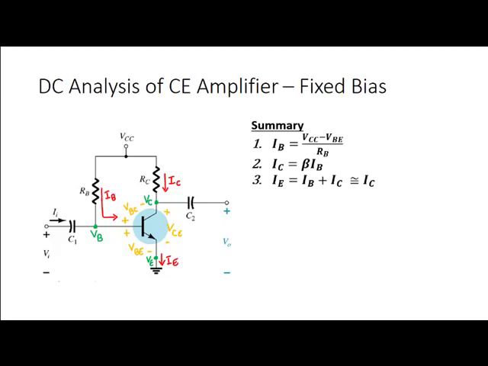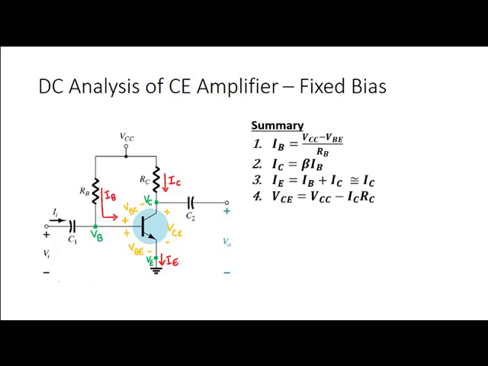Then by using IB and IC, we can calculate IE, because IE is nothing but the sum of the base current plus the collector current, and the base current is very negligible. So the emitter current IE will be approximately equal to the collector current IC.